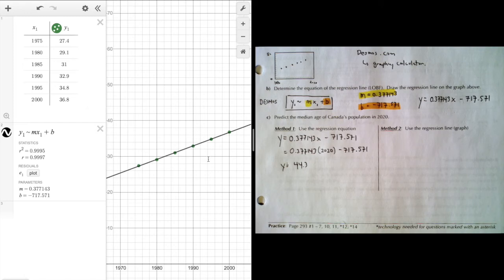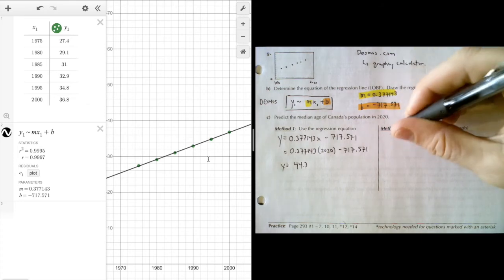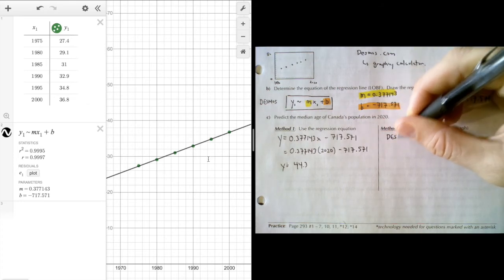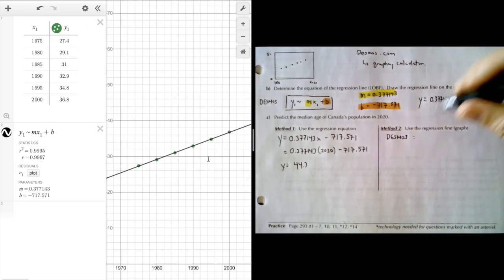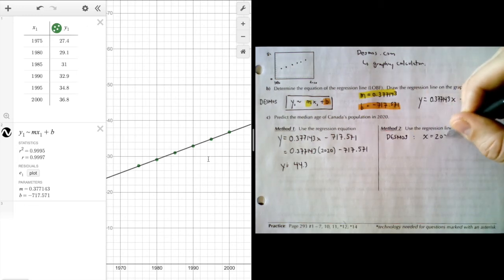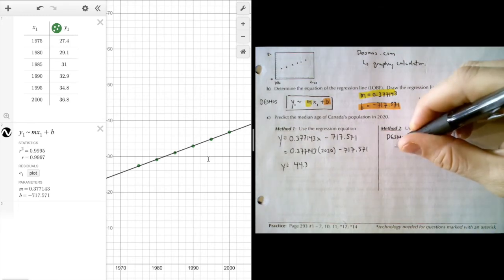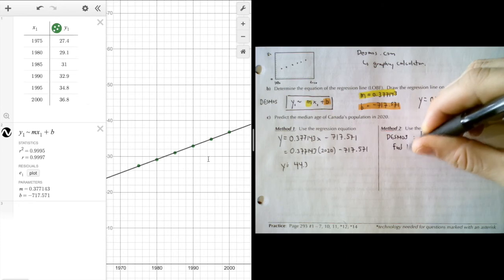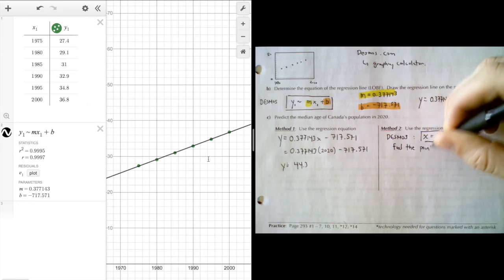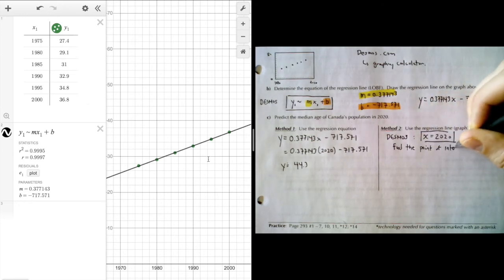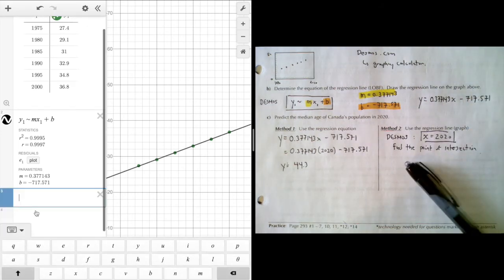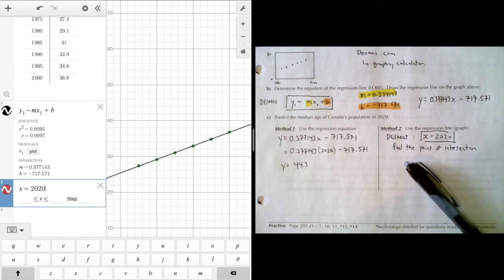And if we use Desmos, we can also find this answer. How do we do that? Well, on Desmos, we type x equals 2020, and we find the point of intersection. So here we go. In Desmos, new line, x equals 2020.